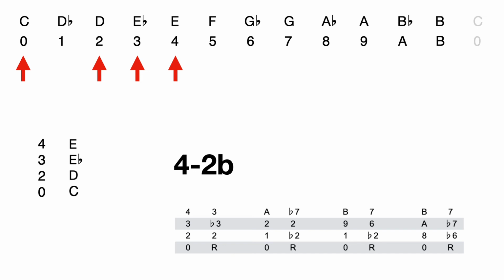Now, there's a lot of videos out there and a lot of literature you can read about negative harmony. I really suggest that you go and avail yourself of looking at some of those videos. I'm not going to replicate a lot of that here, but I just want to show you really quickly what these negative relationships are and the relationship between 4-2 and 4-2B.